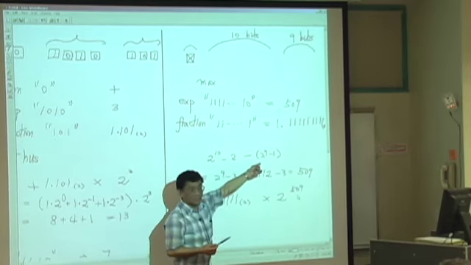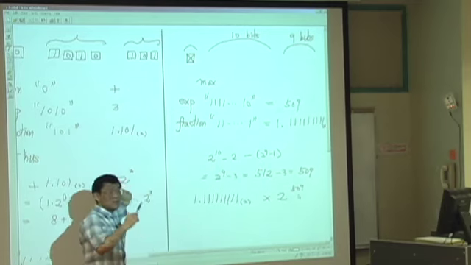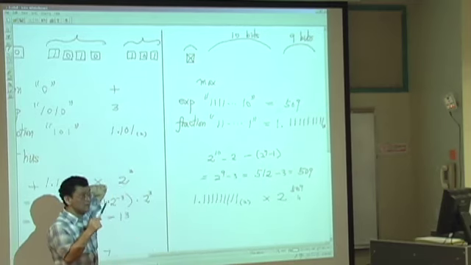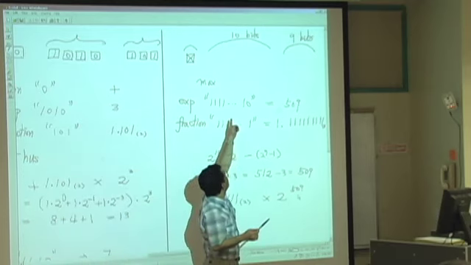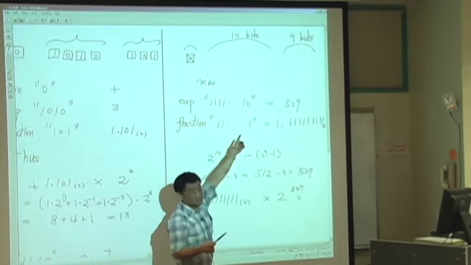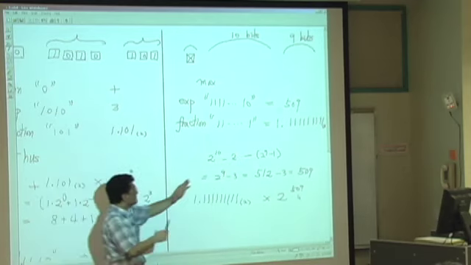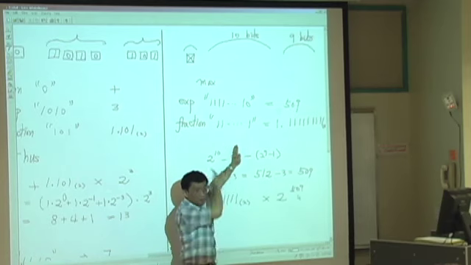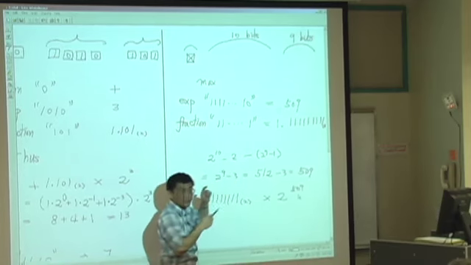And then the bias is subtracted, right? What is the bias? If you have 10 bits, the bias is 2 to the power of 10 minus 1, 9 minus 1. So the bias is subtracted from this bit representation, right? This is the bit representation. If you have all ones, then it is 2 to the power of 10 minus 1, right? All ones is 2 to the power of 10 minus 1, but you have 0, so 2 to the power of 10 minus 2.